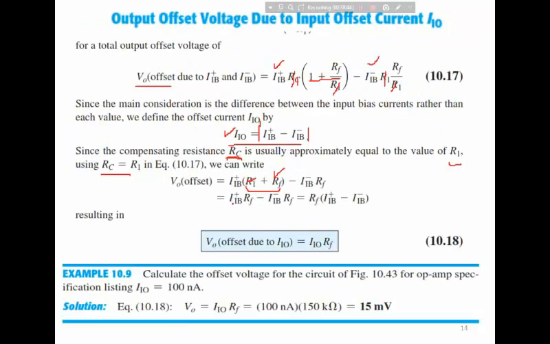So the output offset voltage equation is reduced to this simple form, equal to RF into I offset, which is the difference of these two currents. This is the equation that can be used to find the effect of input offset current on the output of the op-amp.